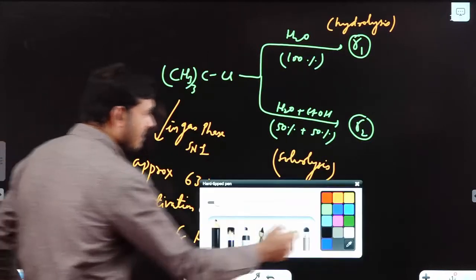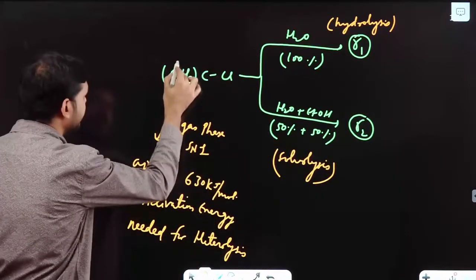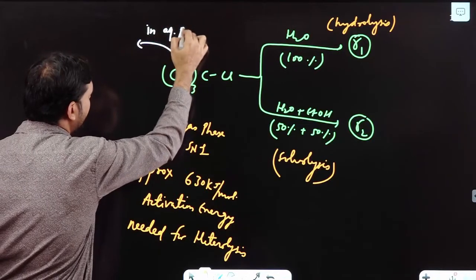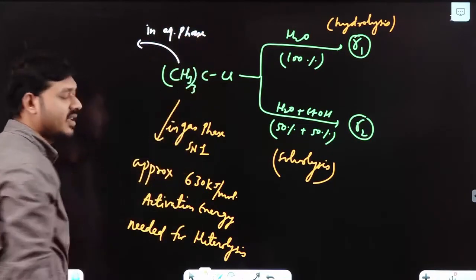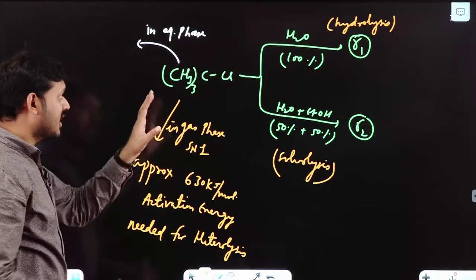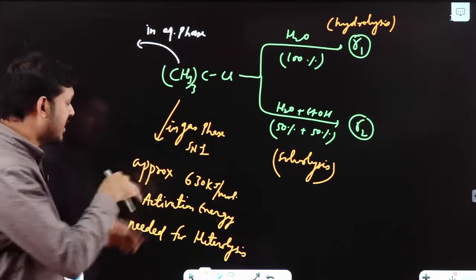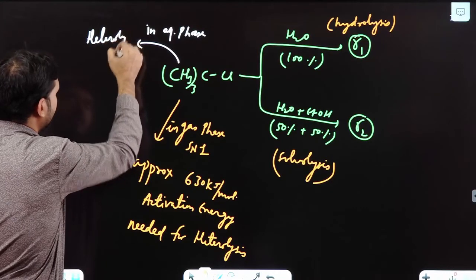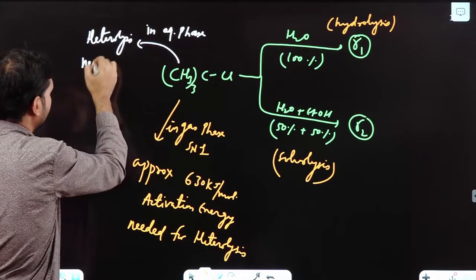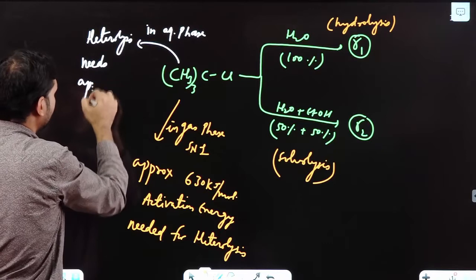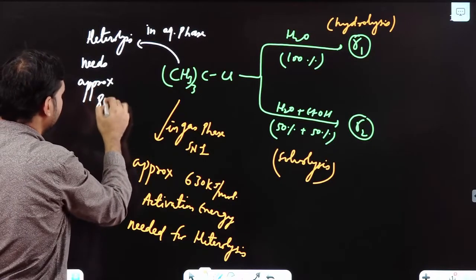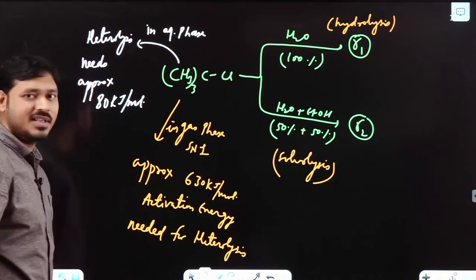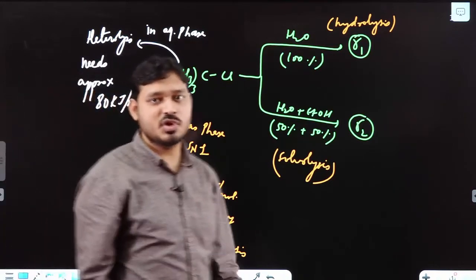Now the difference occurs in aqueous phase. In aqueous phase, the same activation energy decreases, heterolysis needs approx 80 kilojoule per mole; somewhere you may find 84 kilojoule per mole as well.